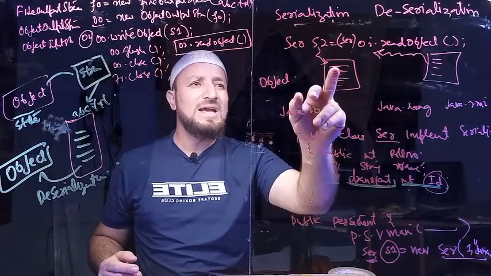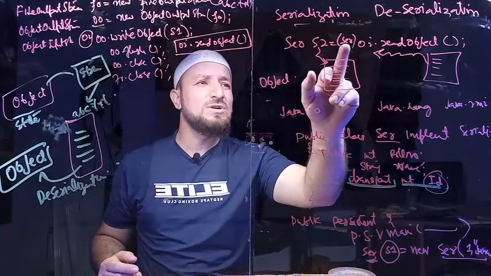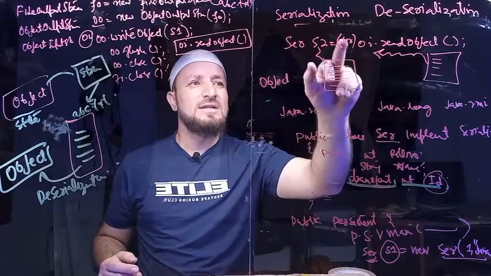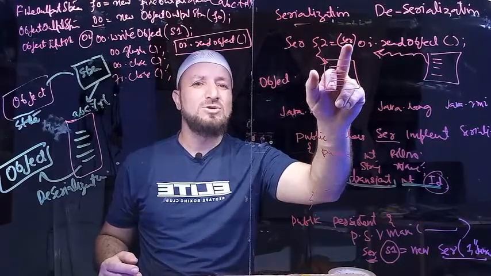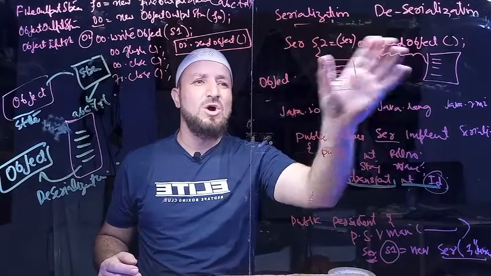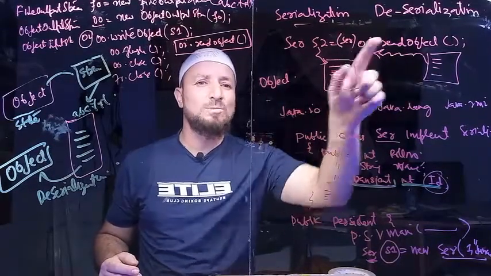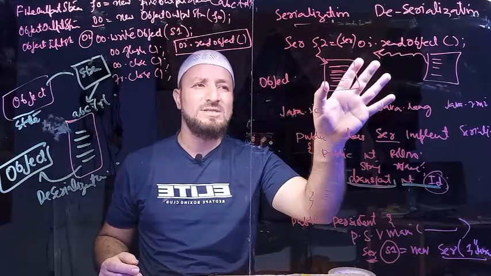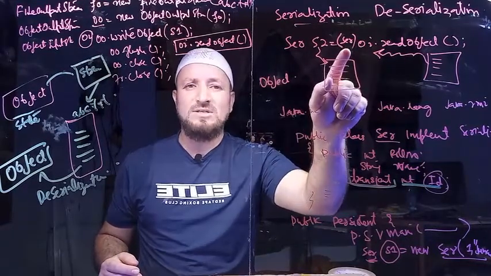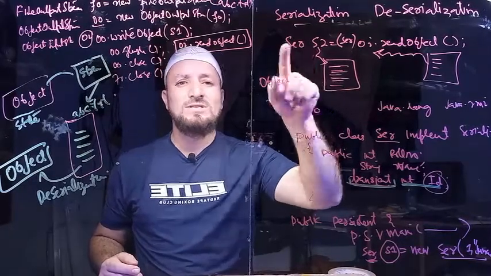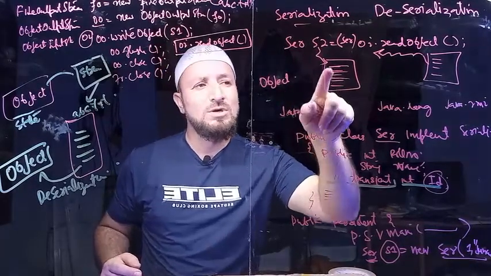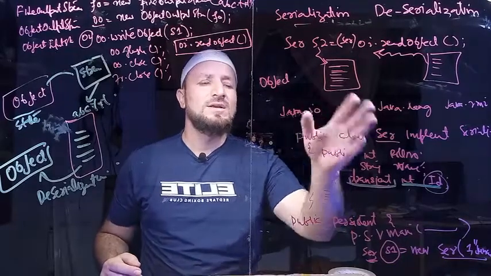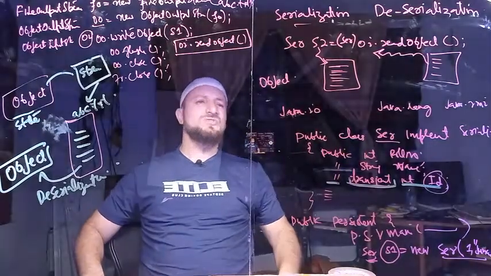But before I can link it with S2, I have to typecast it to type SER. That's why I'm typecasting it to SER, otherwise it returns an object of Object class type, right? We know that this is the super daddy of all the classes. I typecast it. Now S2 is good to read from this file. S2 is linked to it. Now we can just read it.